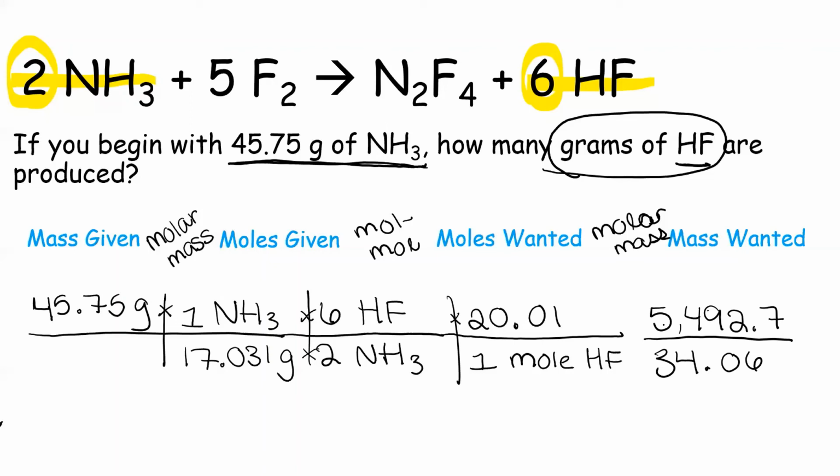Now I can plug these last two numbers into my calculator, 5,492.7 over 34.06. And when I do that, I get 161.3 grams of hydrofluoric acid for my final answer.